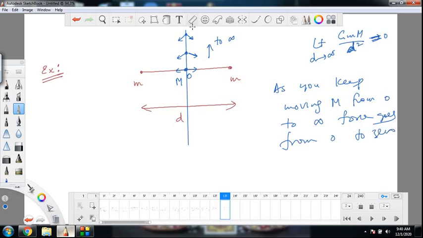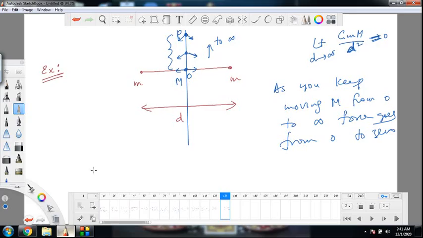So somewhere at some point, let us say P, the force has to be maximum. Find a distance OP so that the force at P is maximum. Force at point P on the capital M is maximum.